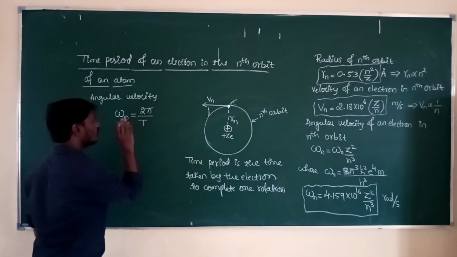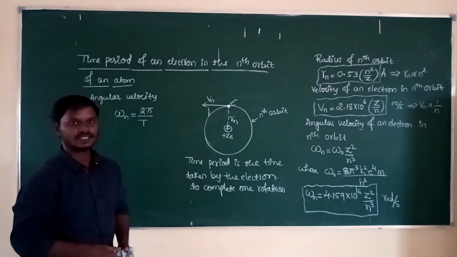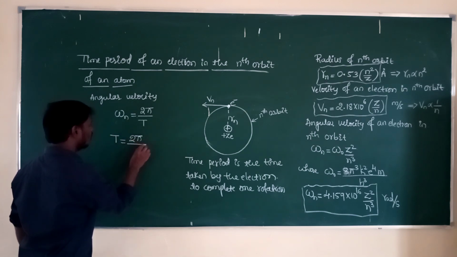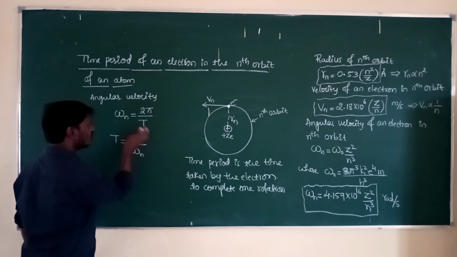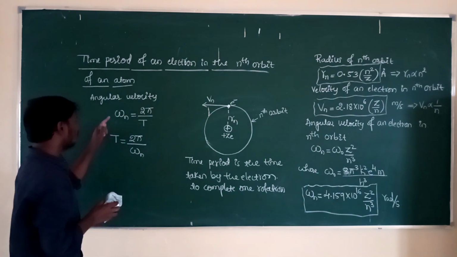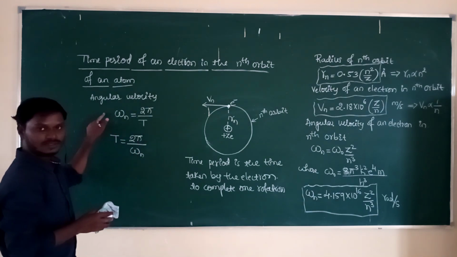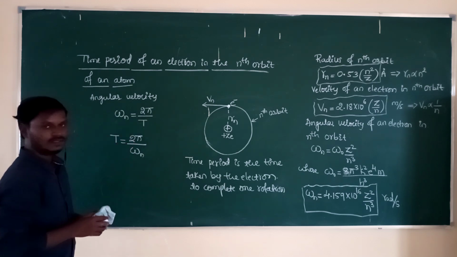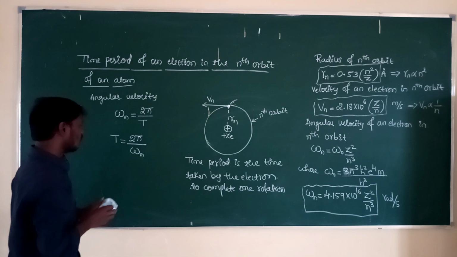But what is our aim? Our aim is to find the time period. Then T is equal to 2 pi divided by omega n. I will take omega n to the right-hand side and T to the left-hand side. Then T is equal to 2 pi by omega n. So what is omega n?